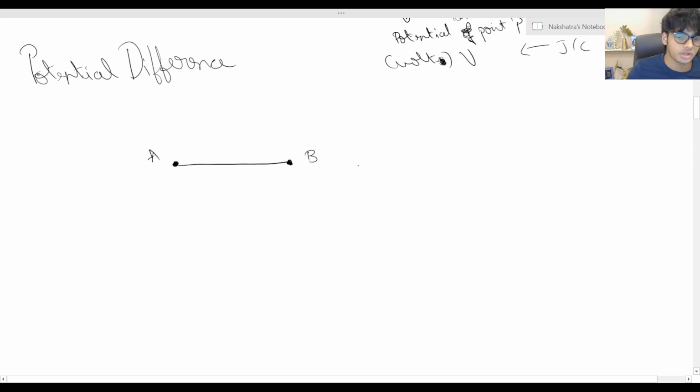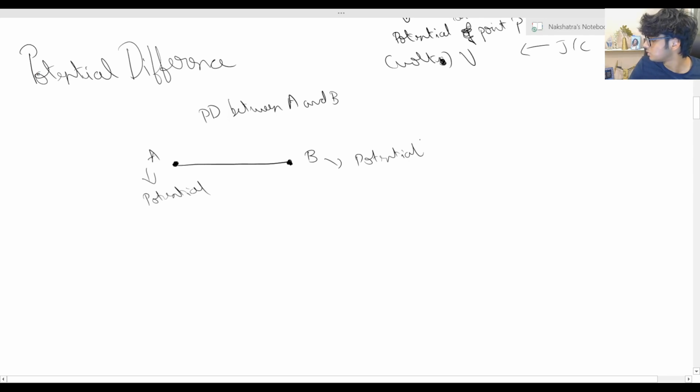So for our calculations, it is easier to find out the potential difference, or PD, between A and B, rather than finding out the potential of A and the potential of B. It will be easier to just find the potential difference between A and B, because our current is only going to flow within these 2 points A and B, right?